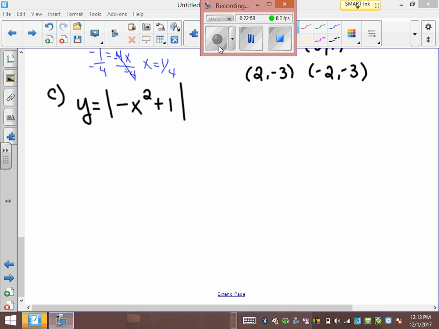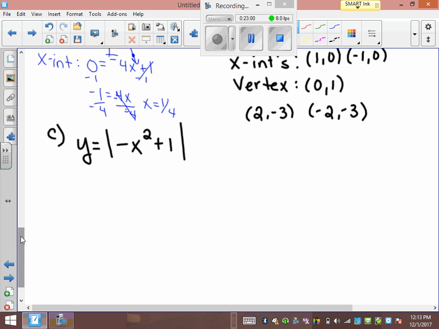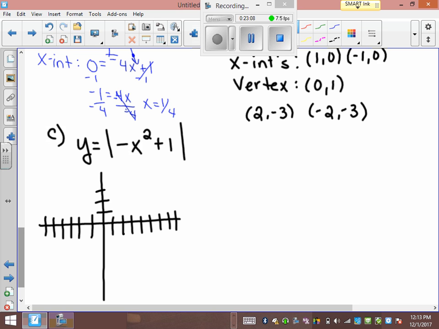So, sketch our graph. I'm plotting my vertex, 0 and 1. My coordinates are here and here. Now, if I just go freehand, do I actually have any points on the arms? No. So how do I take a point, keep the x and change the y, when I have no idea what those points are?